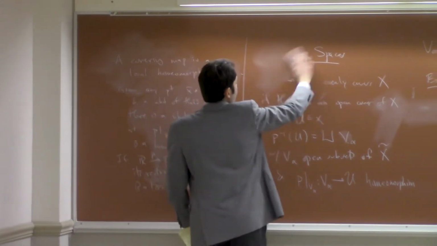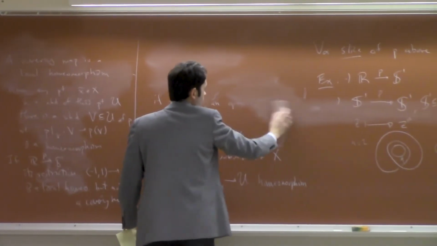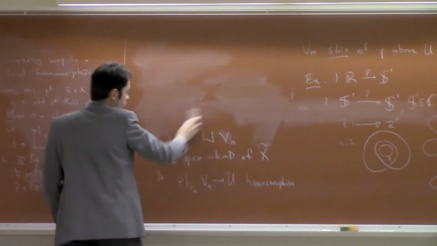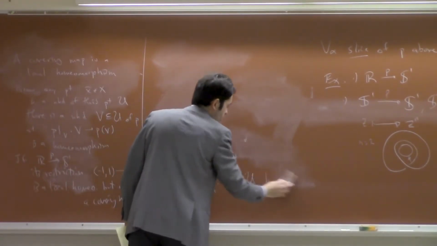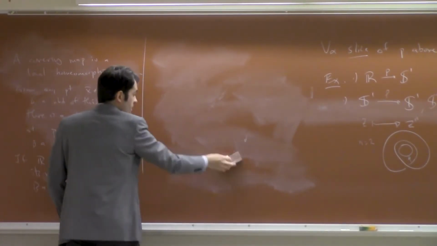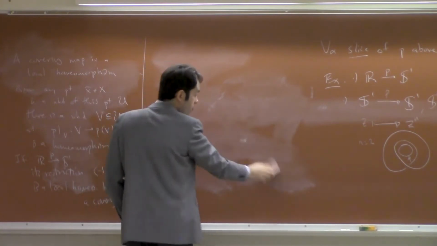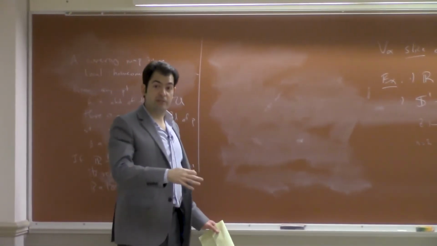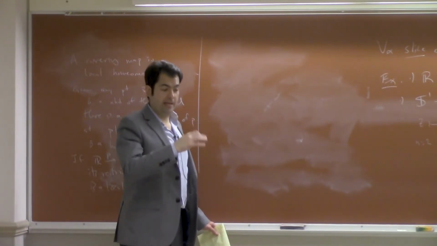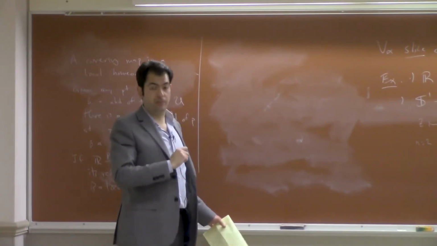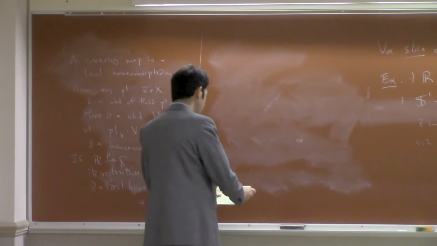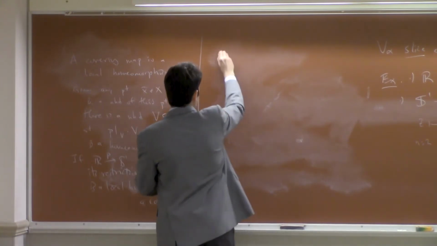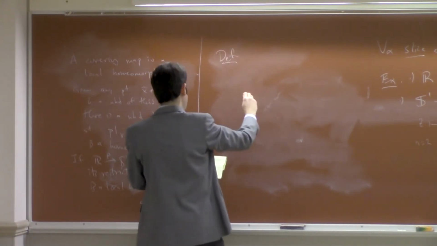Okay, so as we were just recalling a moment ago, when we used a covering space to compute the fundamental group of the circle, the important property that this map had was that we could lift any path and homotopy of paths. So we want to be thinking about this for general covering spaces.